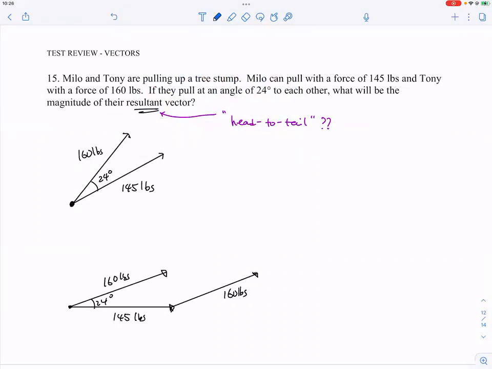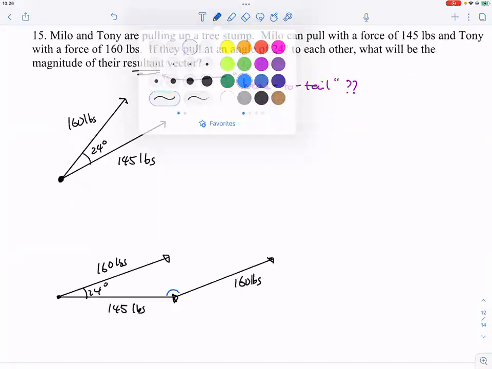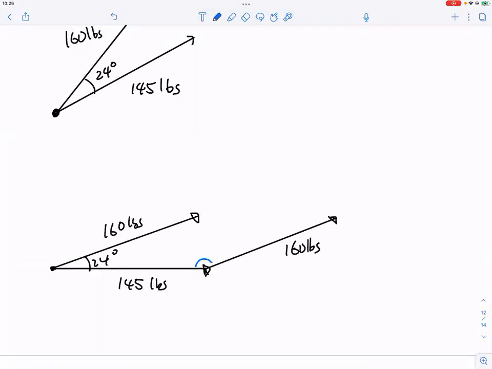And the question is, what is this angle? It's 156 degrees.